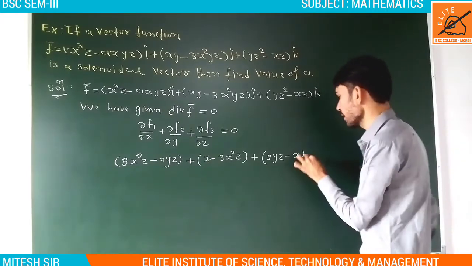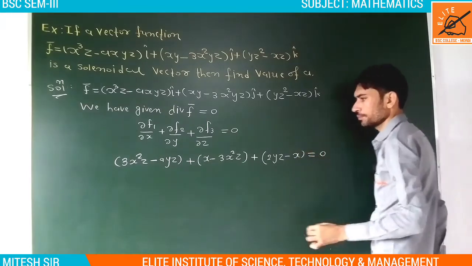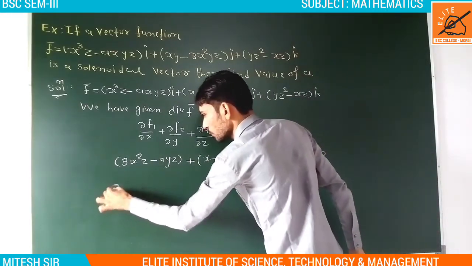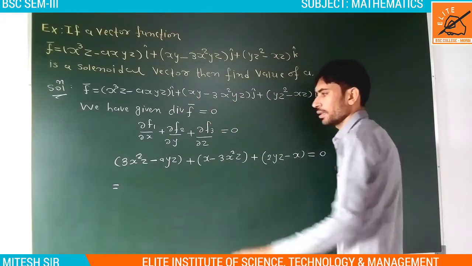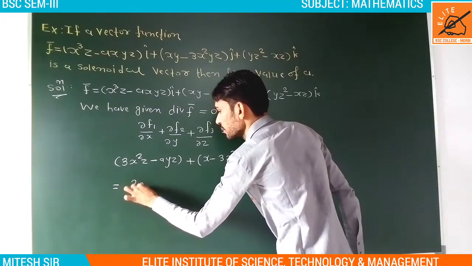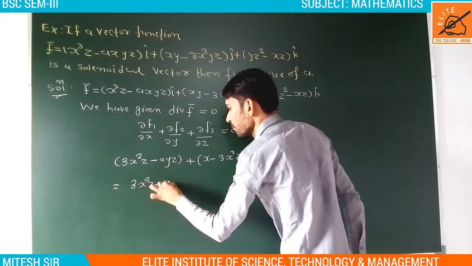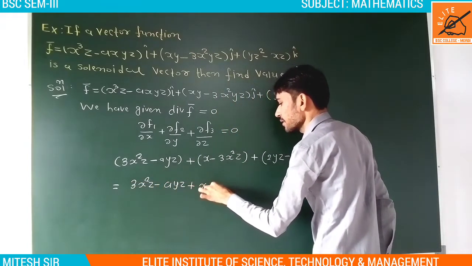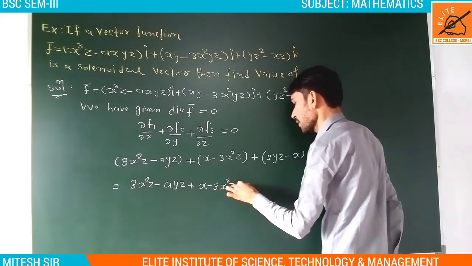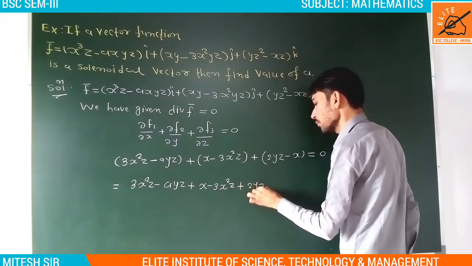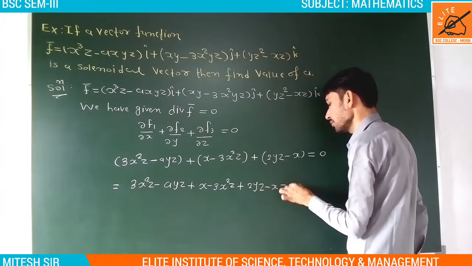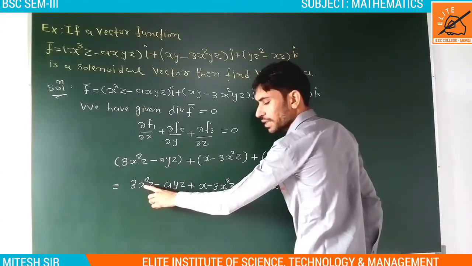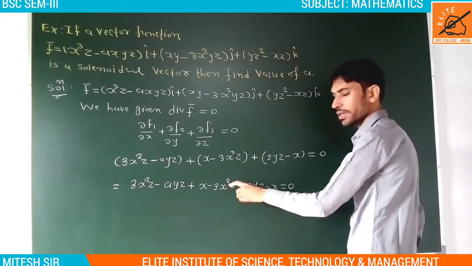Now we just simplify it is equal to 0. Now see, here we write 3x square z minus ayz plus x minus 3x square z plus 2yz minus x is equal to 0. So 3x square z plus and 3x square z minus cancel.